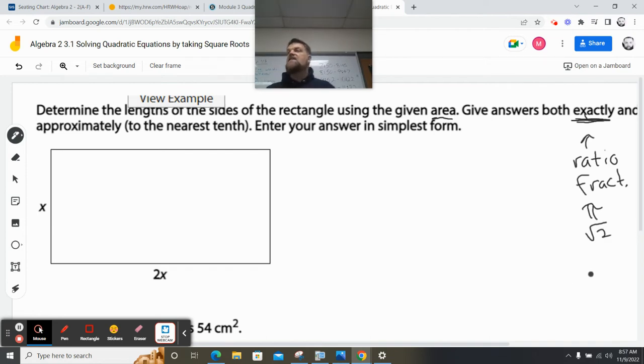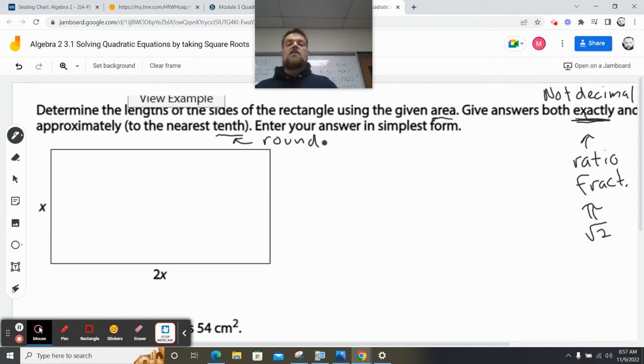So when they say exact, it essentially means not a decimal. So you're going to solve this thing and get x equals something, and whatever that x equals, you just leave it. And when they want the decimal approximation, you plug that in the calculator and then you round.